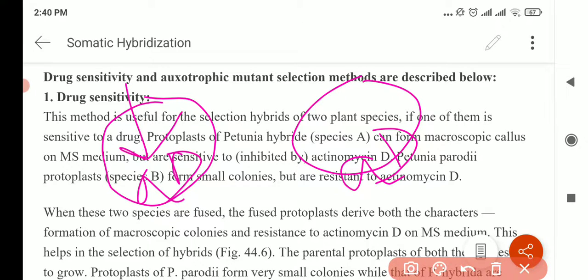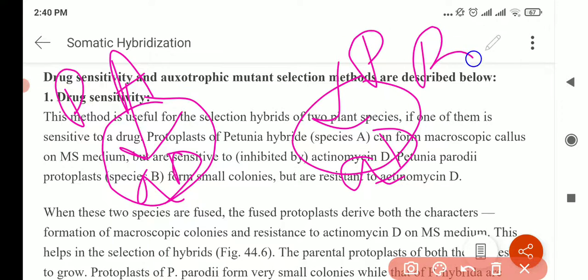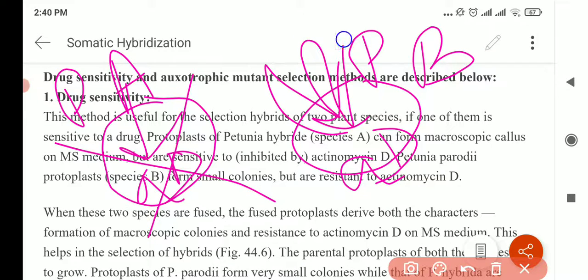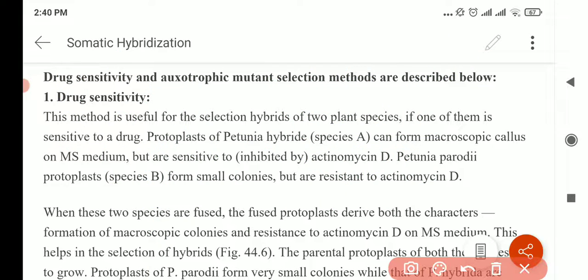Then I grew petunia A here, and petunia B here. What happens? Those protoplasts or cells cannot develop here. They cannot grow. You waited for a week, for a month, and nothing happened. But in B, they grew. The callus formed, and the roots and shoots formed. That is what it means to be resistant.